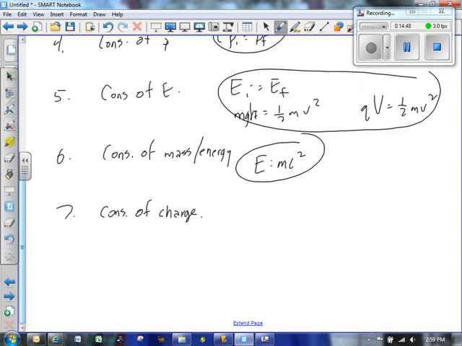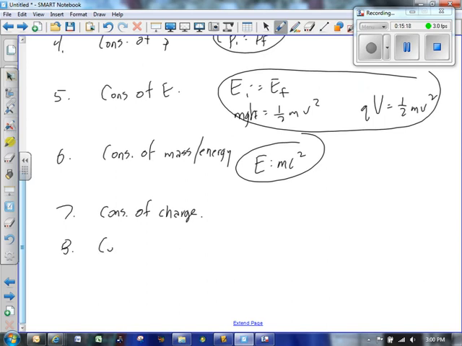Maybe we're talking about beta decay. Remember, beta minus decay involves a neutron changing into a proton and an electron. Well, the law of conservation of charge applies there because we had a total charge of 0. We've got to get the electron produced as well to keep a total charge of 0. So the law of conservation of charge would apply there. Not so much in an equation, but still conceptually, it sometimes applies.